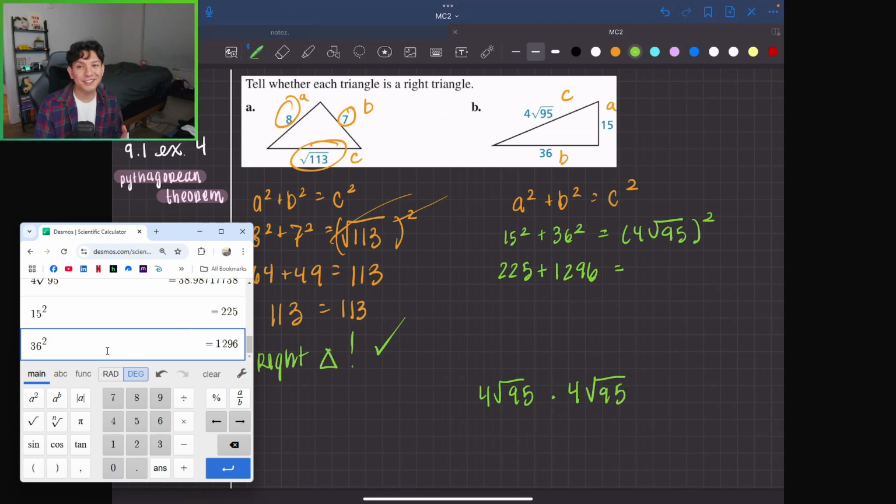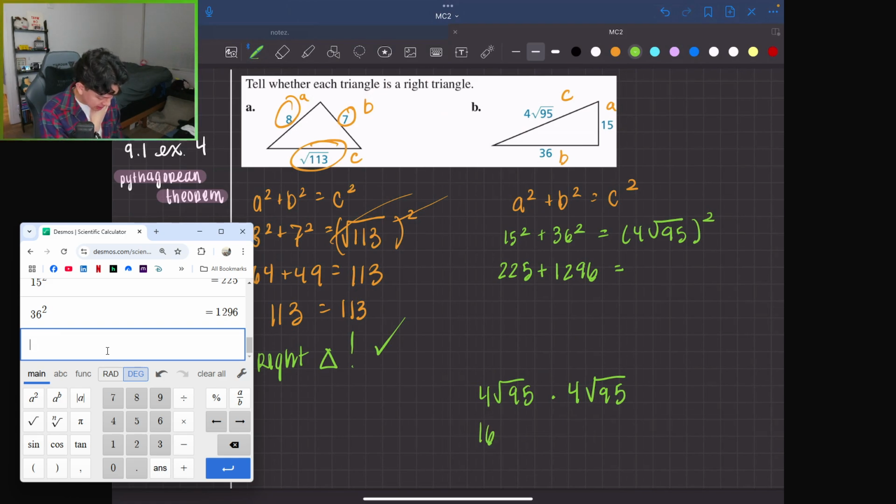If we wanted to do this, then great. I'm just going to use the calculator to solve for this. But let's do it both ways. So 4 root 95, we're going to multiply what's outside of the radical together, and then we'll multiply what's inside the radical together. So 4 times 4 is going to give us 16.